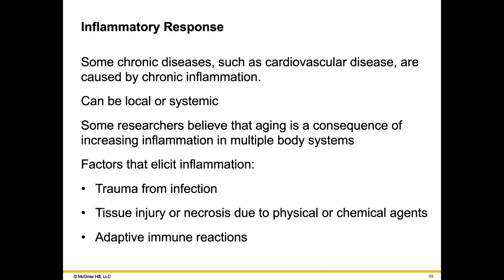Factors that can elicit inflammation include trauma from infection, because infection causes damage to tissues. Tissue damage due to just blunt force injury or necrosis due to chemical agents or physical things, and even adaptive immune reactions can cause inflammation.